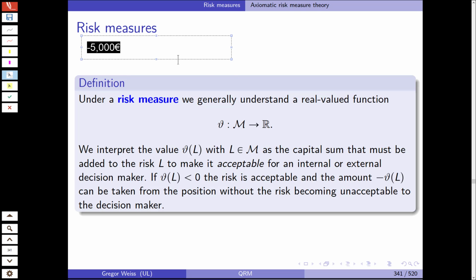If, however, we have a positive number of, say, 5,000 euros, this means that we need to add 5,000 euros to make this position, this investment, acceptable. That's the first thing. So we can see some risks, understood as random variables, they can be hedged, and we can insert an amount of money to make it acceptable. And we even have some financial positions from which we can withdraw money and take money out of it, and it's still acceptable to the regulator or the CEO.